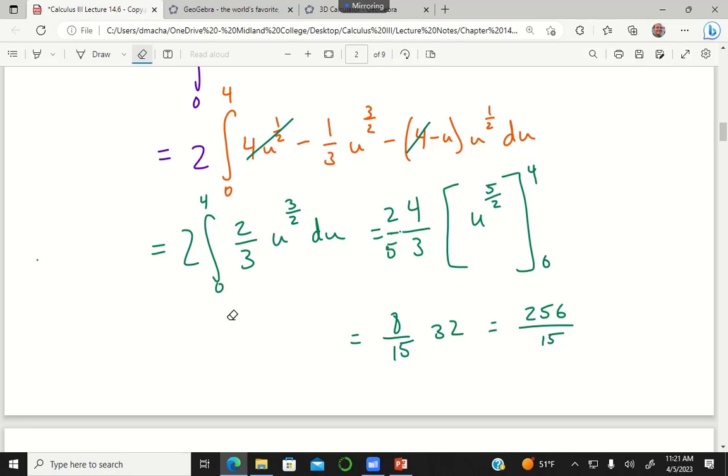Like I said, I really thought that this volume would be irrational, and so I'm kind of surprised that my answer is not irrational. I really expected to pick up like a square root 2 or a square root 3.